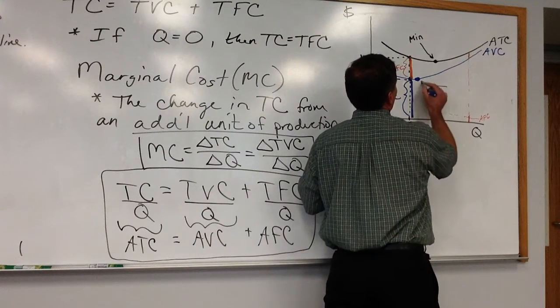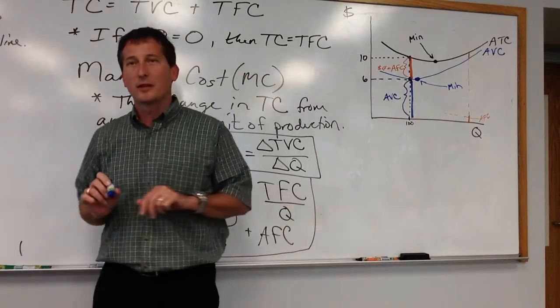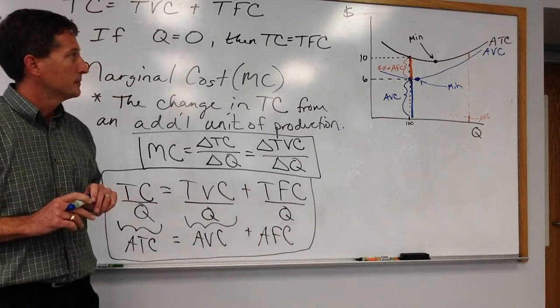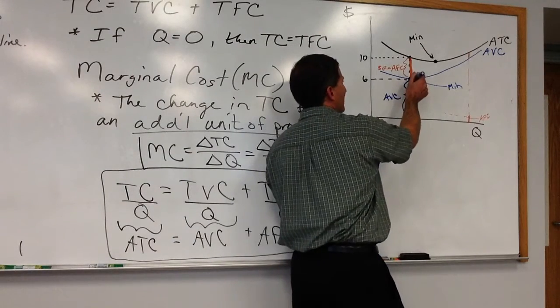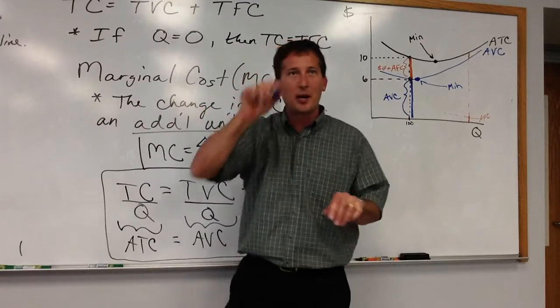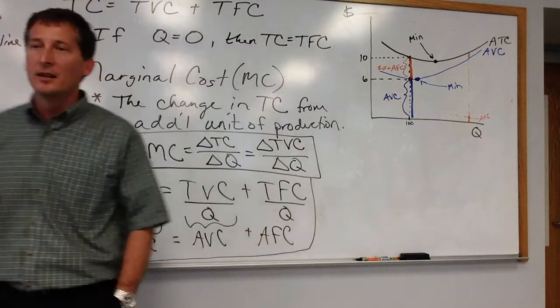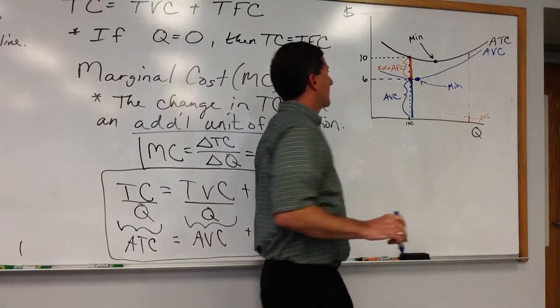So this now represents the minimum point of the average variable cost curve, wherever it is on your paper. By the way, if it ended up being right where you were here, that's fine. It doesn't matter where it is. Wherever it is, it's more important to make sure you grab onto the minimum point wherever that fell. As long as it's to the left of this quantity, you're okay.